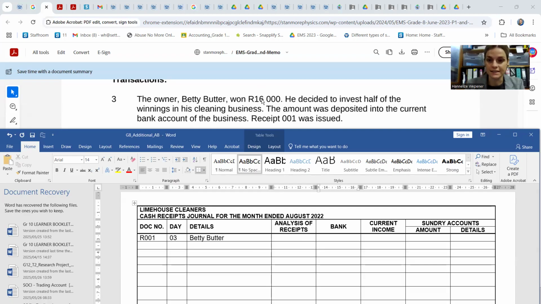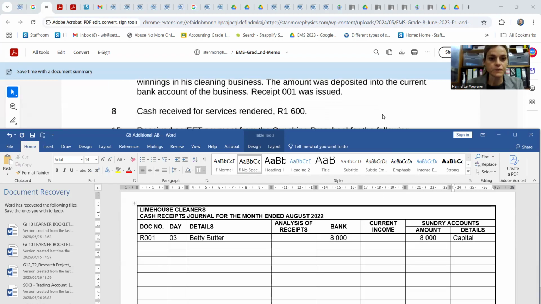Yes, the owner won 16,000 Rand, but he only invested half of the winnings. So only invested 8,000 Rand into the business bank account. So therefore, 8,000 Rand received by the business. This was not for services rendered, so it can't go to current income. It was for something else, so sundry account. And that something else is capital.